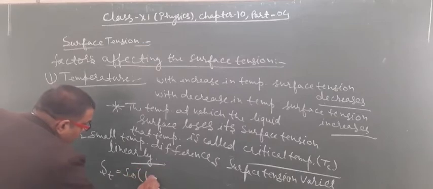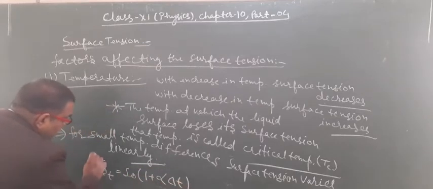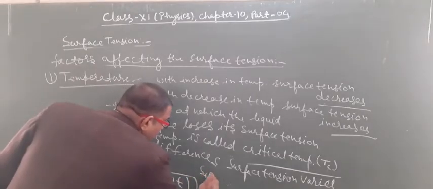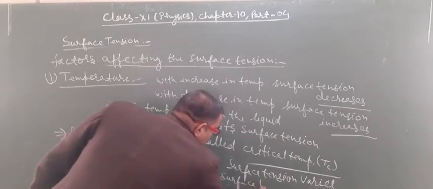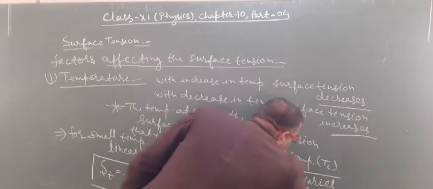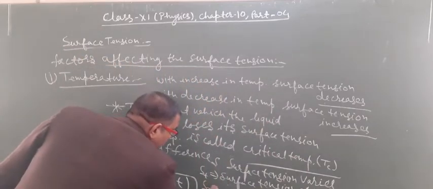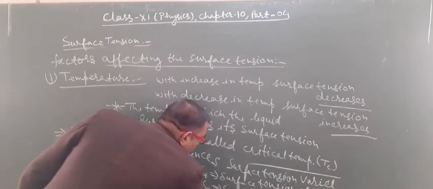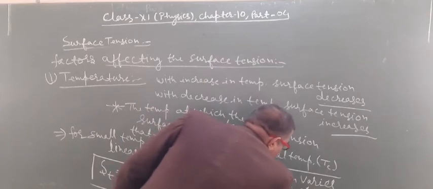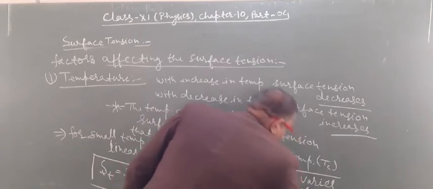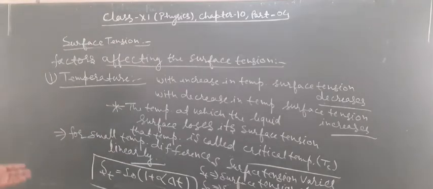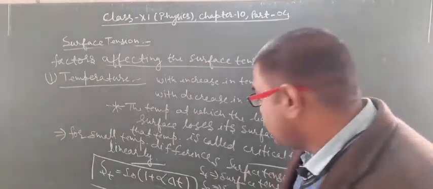This linear variation of the surface tension can be given as St is equal to S naught 1 plus alpha delta T, where St is the surface tension at temperature T, and S naught is the surface tension at temperature T naught, or initial temperature.